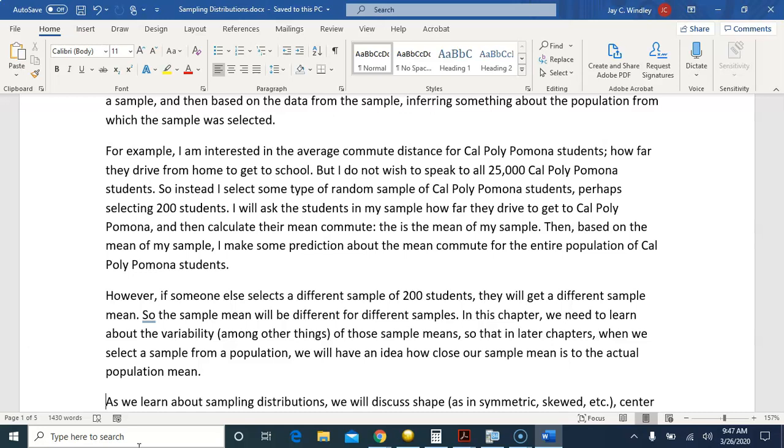And one of the big things we got to learn about in this chapter is what the distribution of those x bars looks like, so that later on, when we get a particular value of x bar from a sample, we'll have some idea how close that x bar is to the population mean.